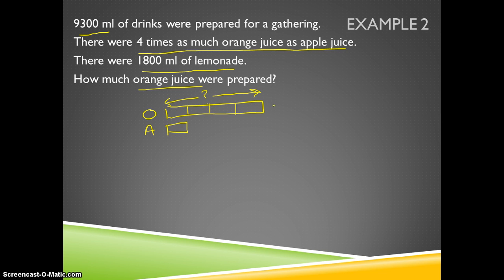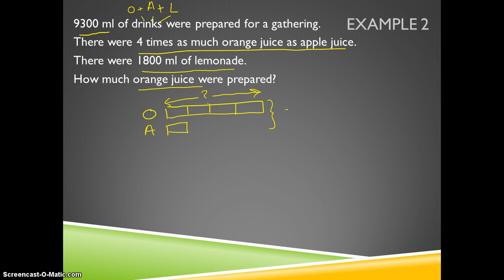And I know that my total, it's not 9,300, because the 9,300 ml of drinks consists of orange plus apple plus lemonade. So there are actually 3 types of drinks altogether. I need to be very clear that 9,300 consists of these 3.